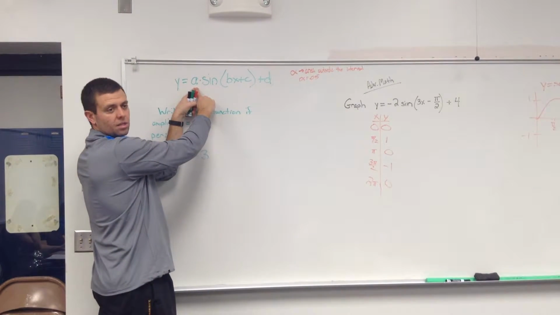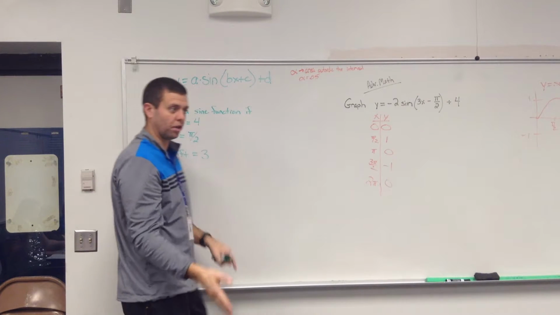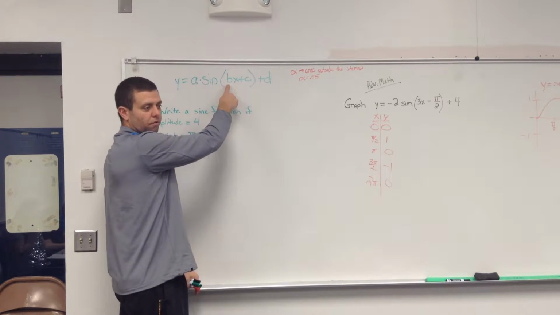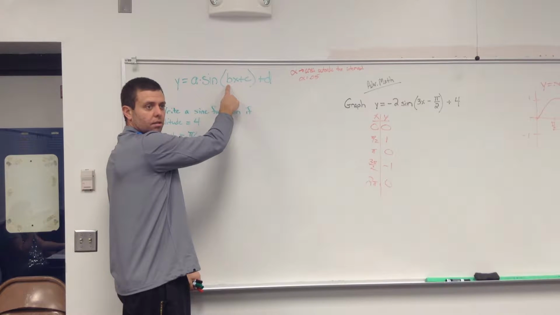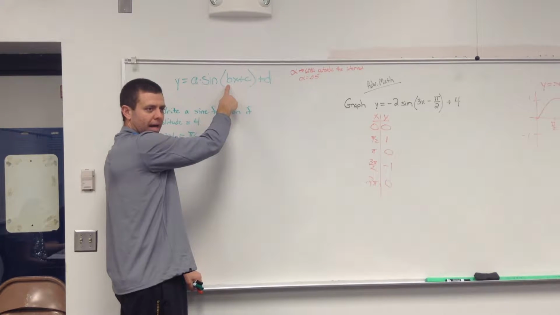The A value affects what? Amplitude, or in other words, the height of the wave. The B value affects the period. The period is always 2 pi divided by B.